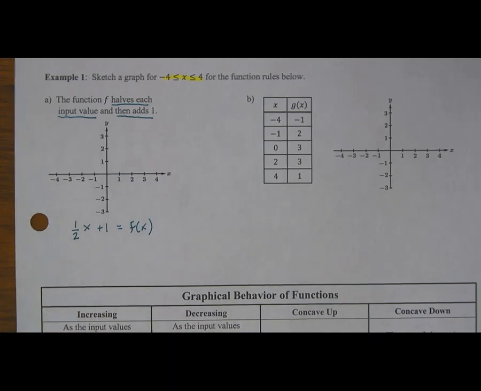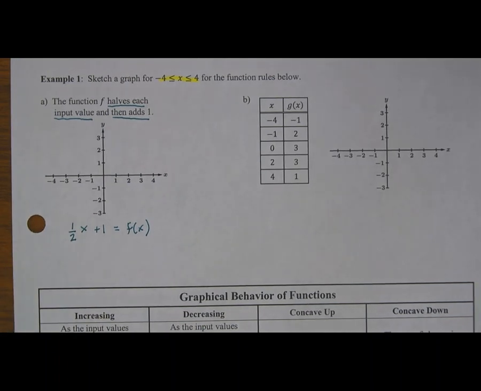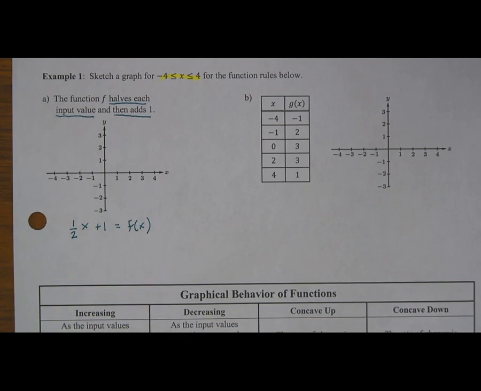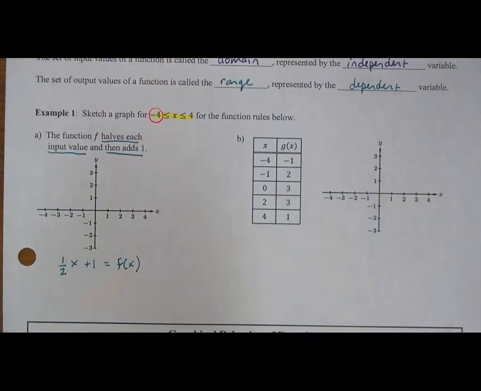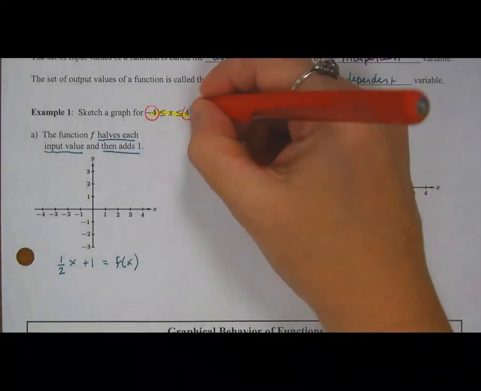Well, now I see this and I realize that it's linear. You should be able to look at this and realize it's linear, mx plus b. How many points do you need in order to graph a line accurately? What's the bare minimum? 2 points. Well, then how about we just plug in -4 and +4, and we'll have our 2 points.